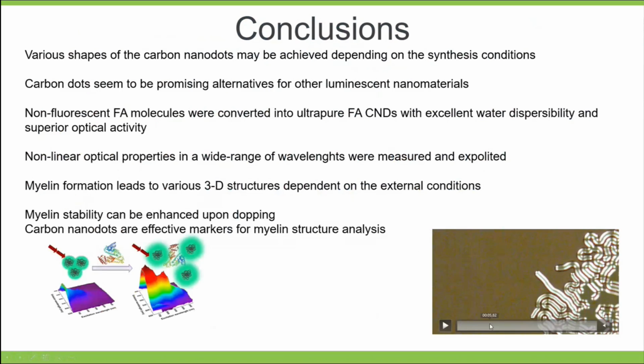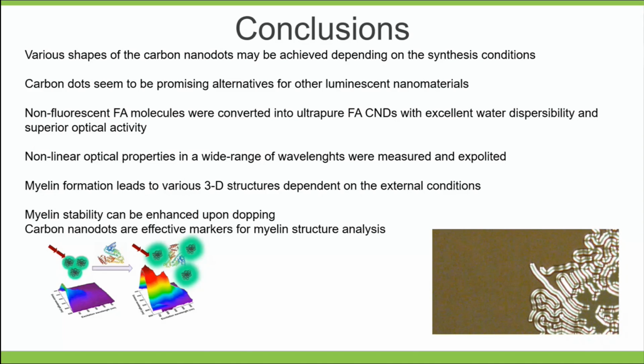So to conclude, the various shapes of carbon nanodots may be achieved depending on the synthesis condition. Carbon dots seem to be a promising alternative for other luminescent nanomaterials. Non-fluorescent folic acid molecules, when converted into ultra-pure folic acid carbon nanodots, have excellent water dispersibility and superior optical activity.